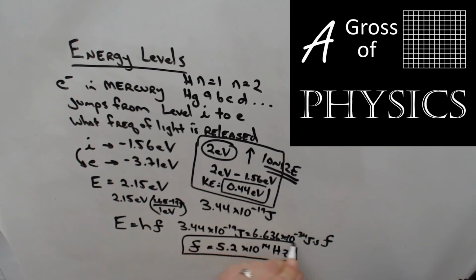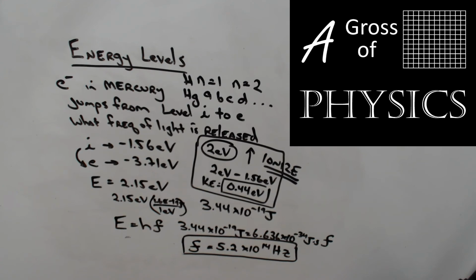Now, a secondary question may be, what type of light does that represent? Now, if I look on the chart, what I see is that 10 to the 14 hertz goes from the infrared to the visible all the way to the ultraviolet. So there's a big range between it. However, if I look at 5.2, that's within the visible spectrum.